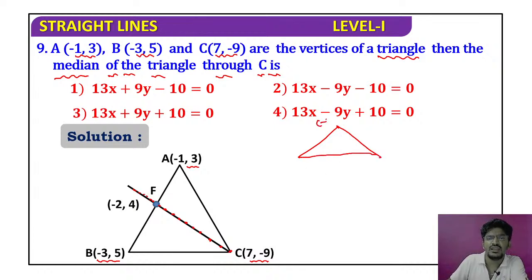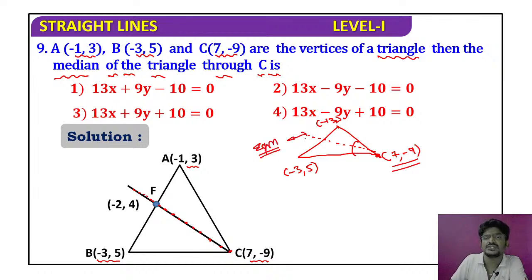This is the triangle: minus 1 comma 3, this is minus 3 comma 5 and this is 7 comma minus 9. There is a median through the vertex C. Now you have to find the equation of this median.